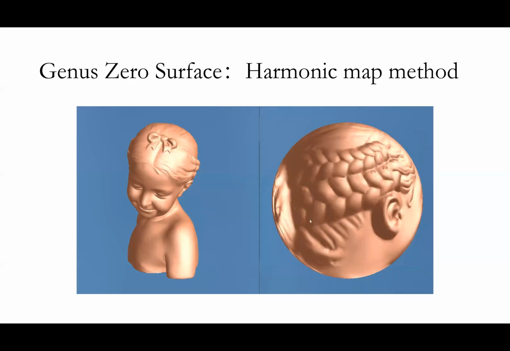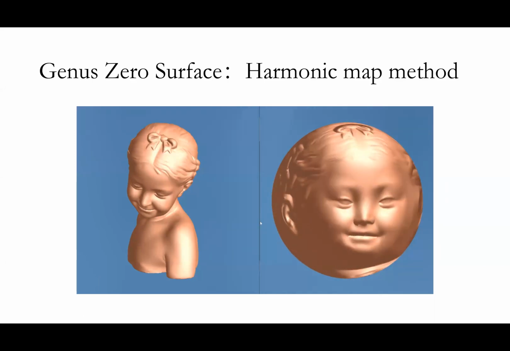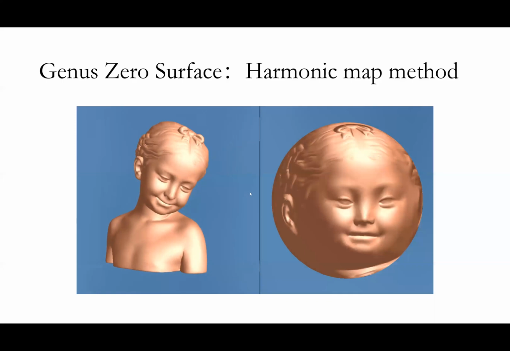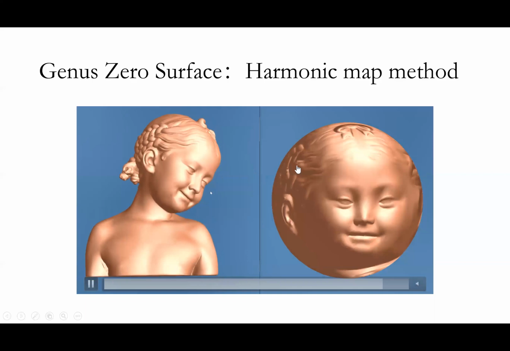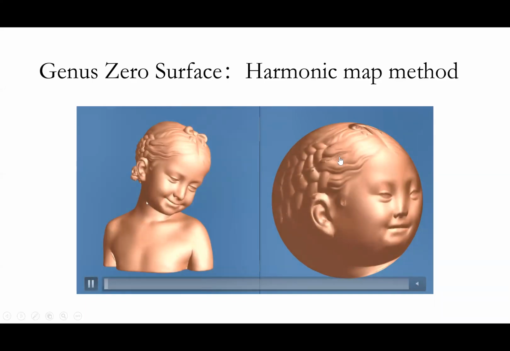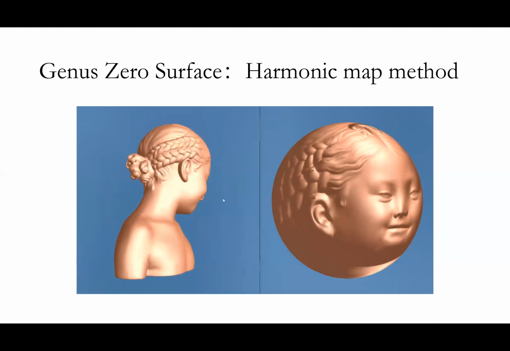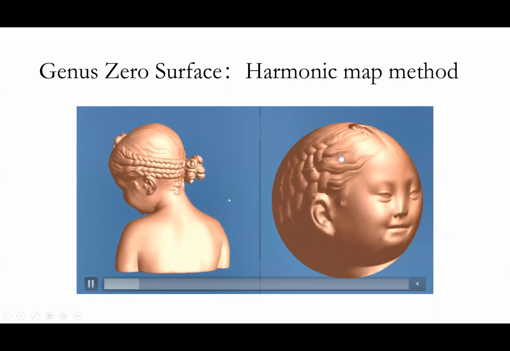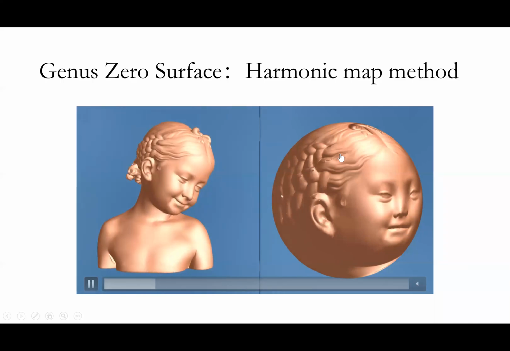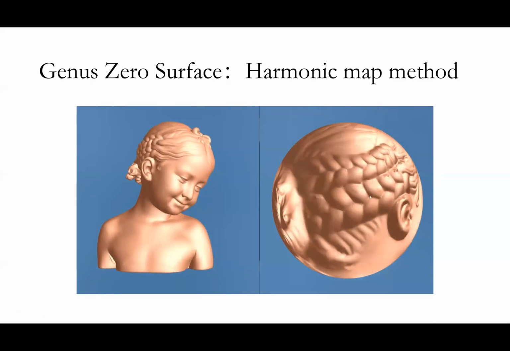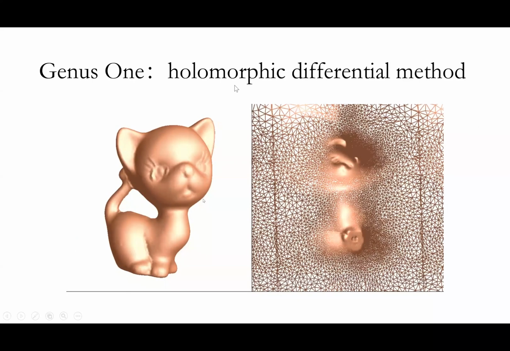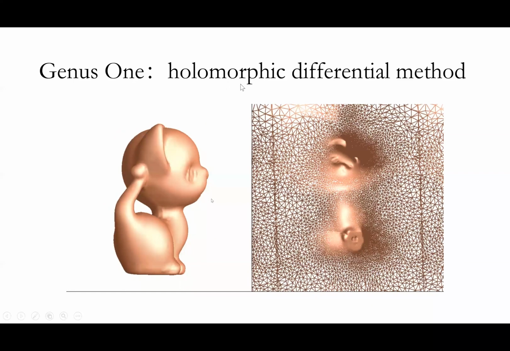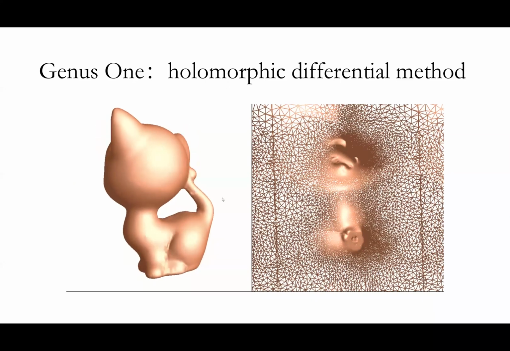This kind of mapping is called a harmonic map.